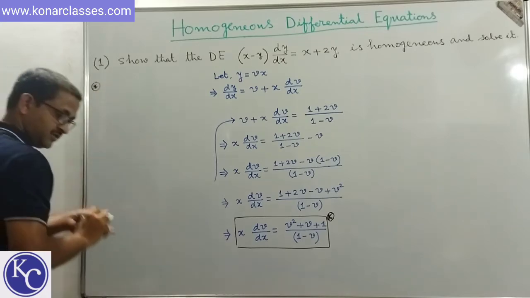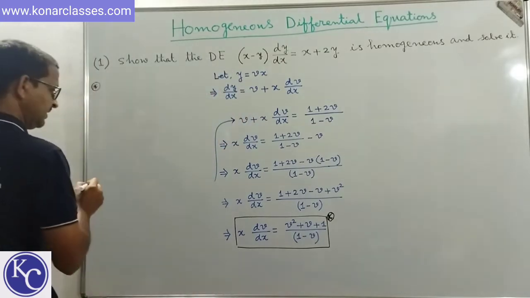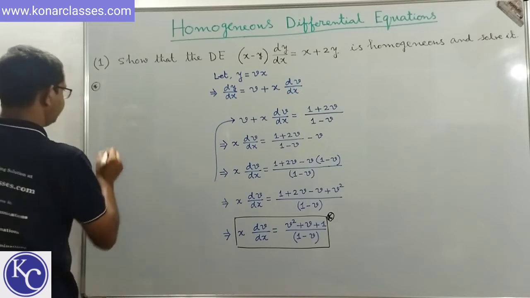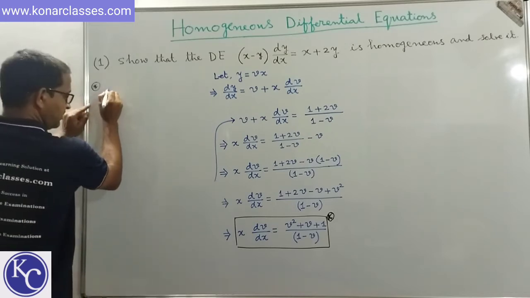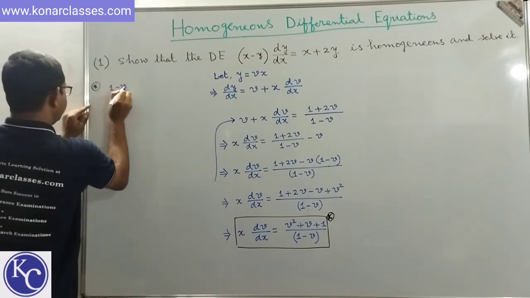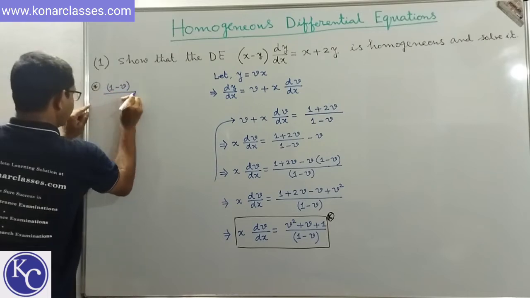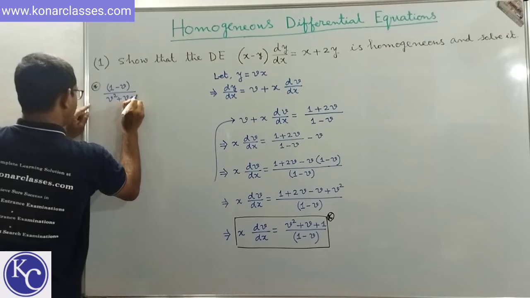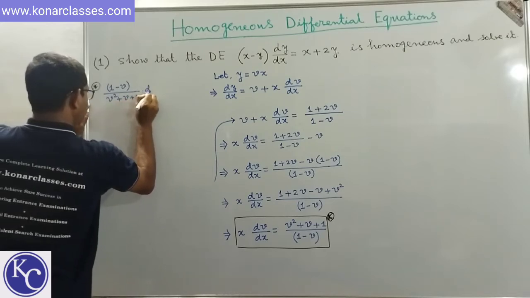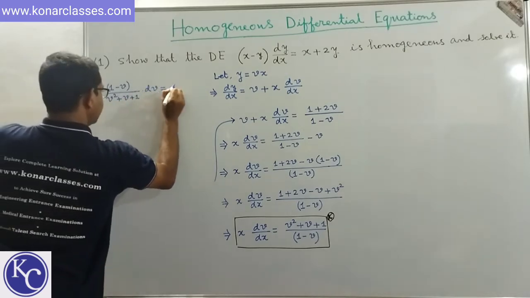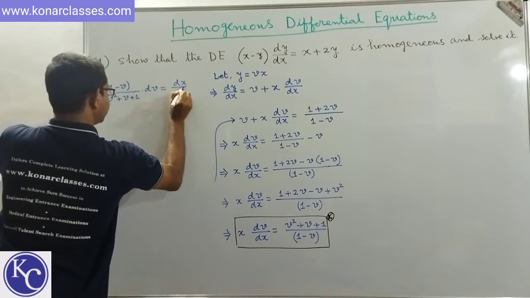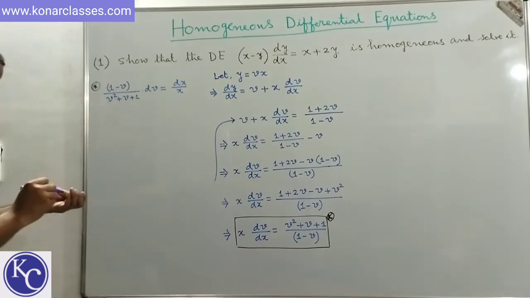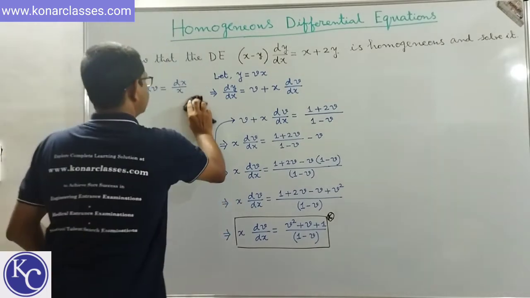What is this? That implies (1 minus v) divided by (v square plus v plus 1) into dv is equal to dx by x, correct? Clear or not?